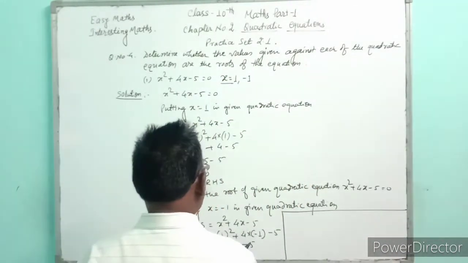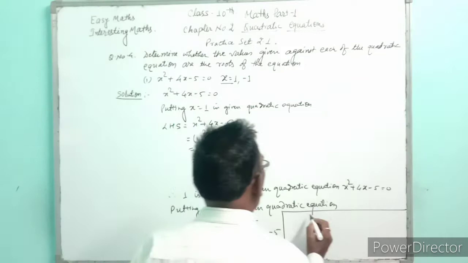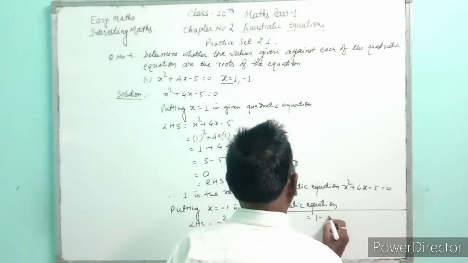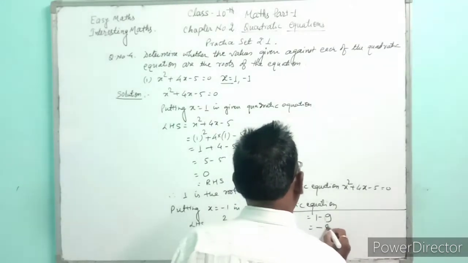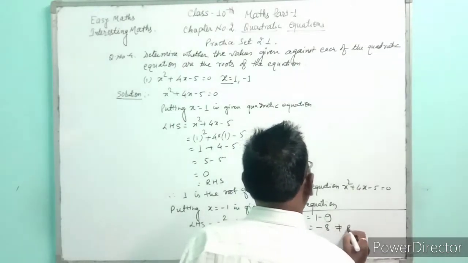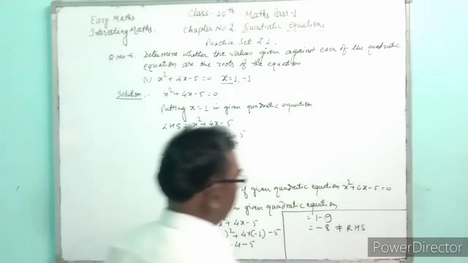So 1 minus 4 minus 5 means 1 minus 9 is equal to -8, which is not equal to the right hand side.